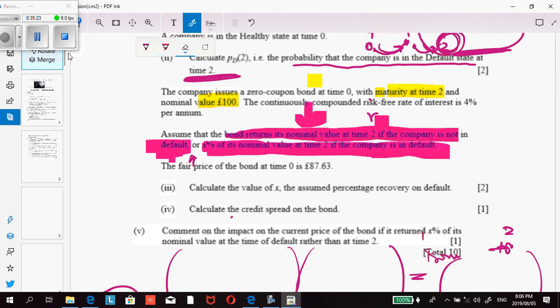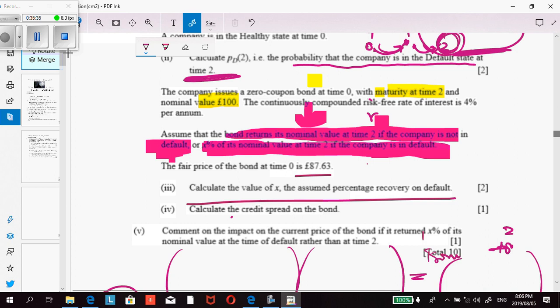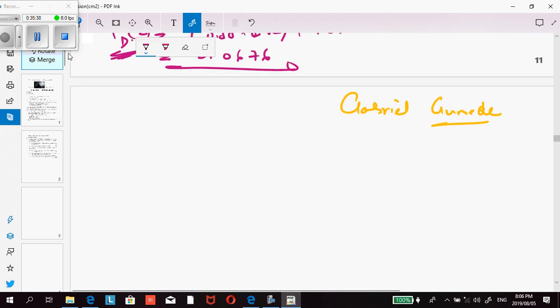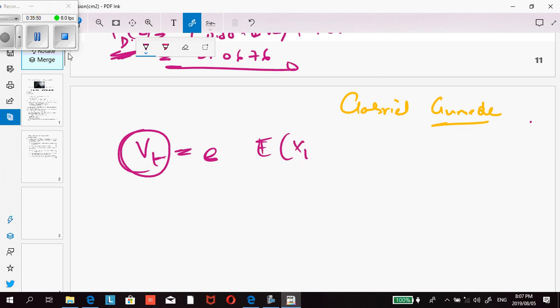Now they give you the price of the bond at time 0 to be this, and they ask you to calculate the value of X. Now this again, we're going to use the result we derived in the 5-step method, because if you remember, we said that the price at time t in the 5-step method is the expected value of your payoff at maturity times your discount factor.